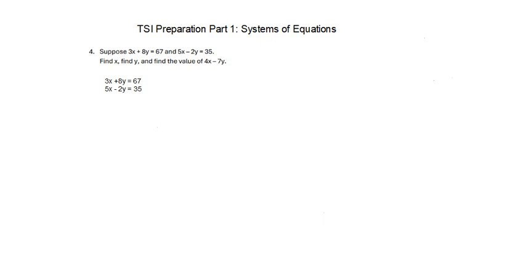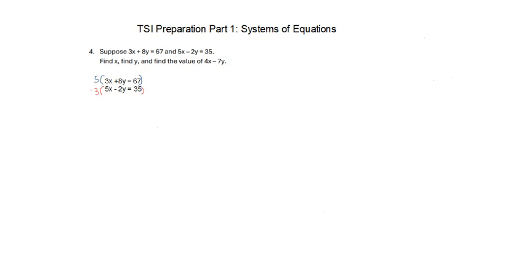All right. So the first step of systems of equations is to cross multiply. With that, I would like to multiply the first equation by 5 and the second equation by negative 3. I multiply the first equation by 5 because the second equation started with 5.